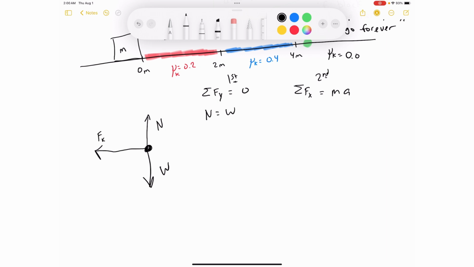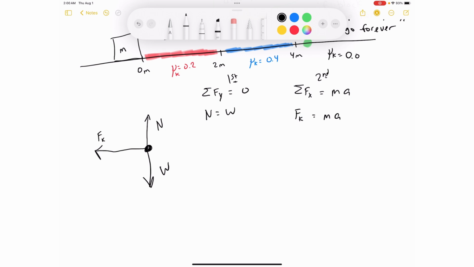So if there's a net force, that means that there's also an acceleration. Okay. So the sum of the forces in x equals mass times acceleration. Great. So what is the force? Well, you can see here that it's Fk. Okay, Fk. That's my friction force. Okay, and my friction force is equal to mass times acceleration.